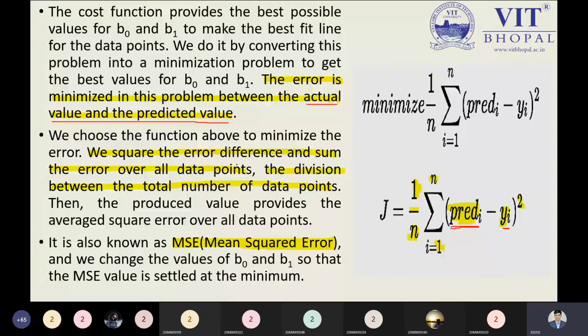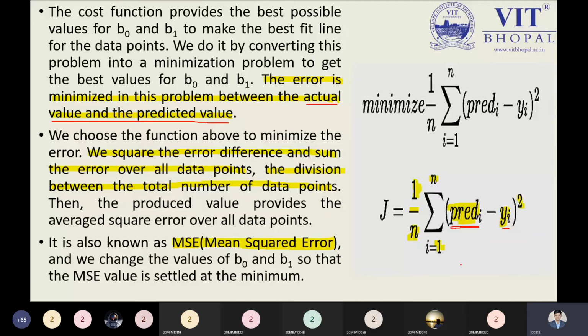I am using the summation symbol here to get the sum of all the squared differences. Finally we divide by n, so we are getting the mean square error.